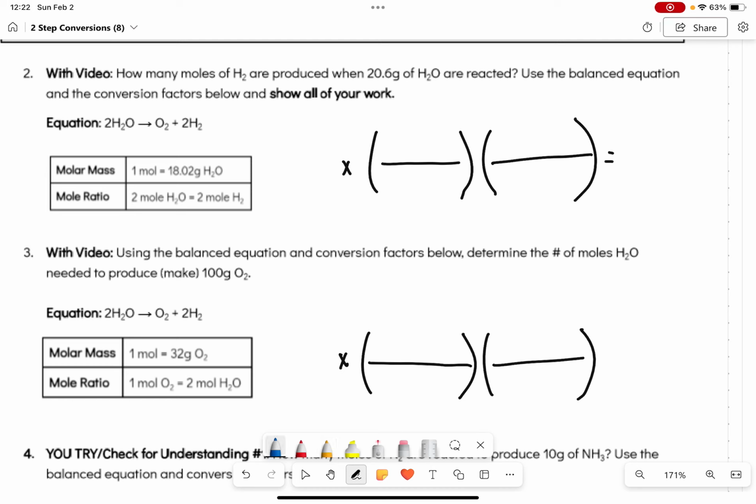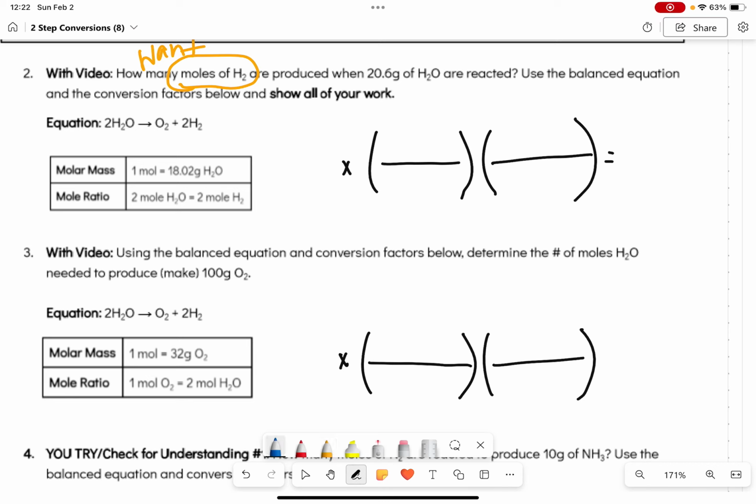So our first question is, how many moles of H2 are produced when 20.6 grams of H2O are reacted? So I'm going to use the orange to show what I want, which is moles of H2, because that's what they're asking us to find.